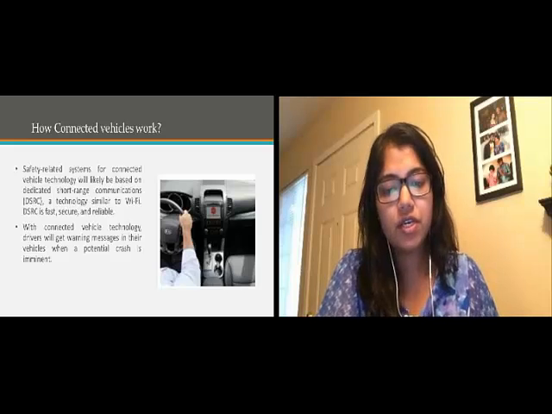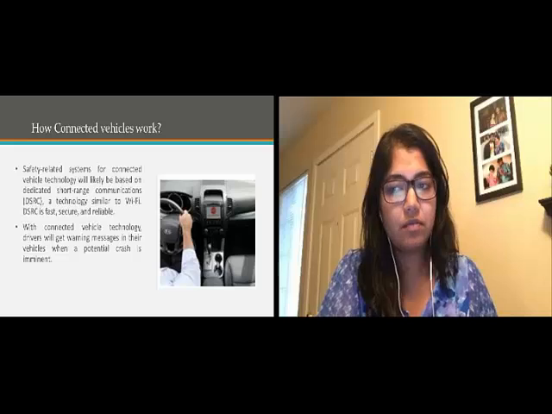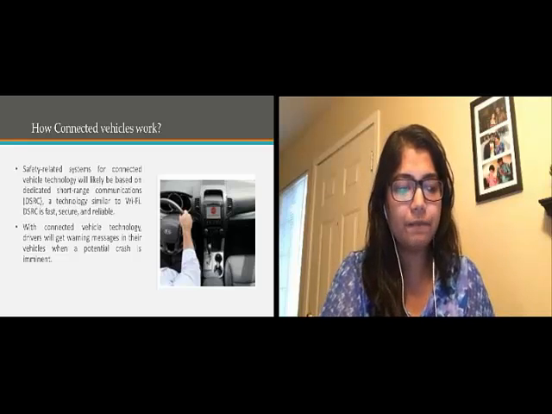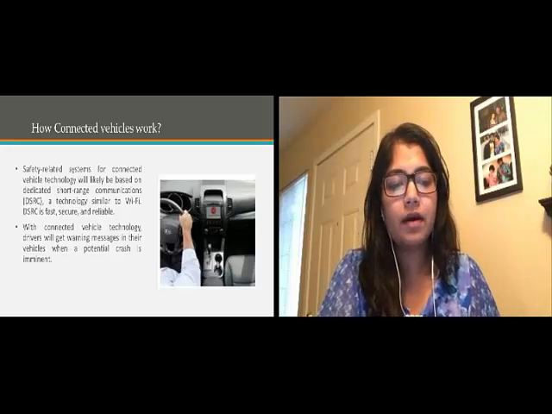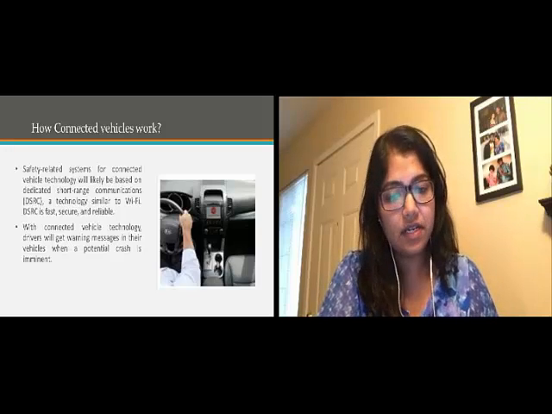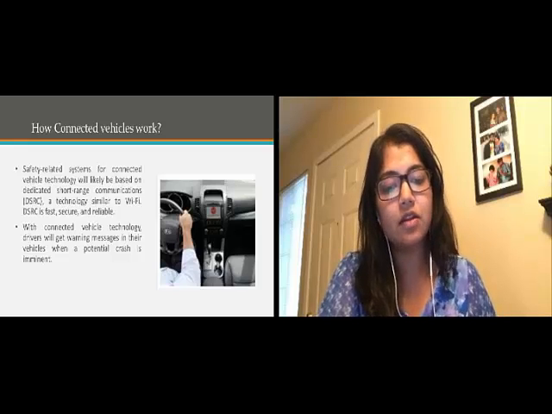So CV technology enables the exchange of anonymous data. That means it doesn't exchange the information of the driver. It only exchanges vehicle-based data, like the position of the vehicle, the speed of the vehicle, and the location.